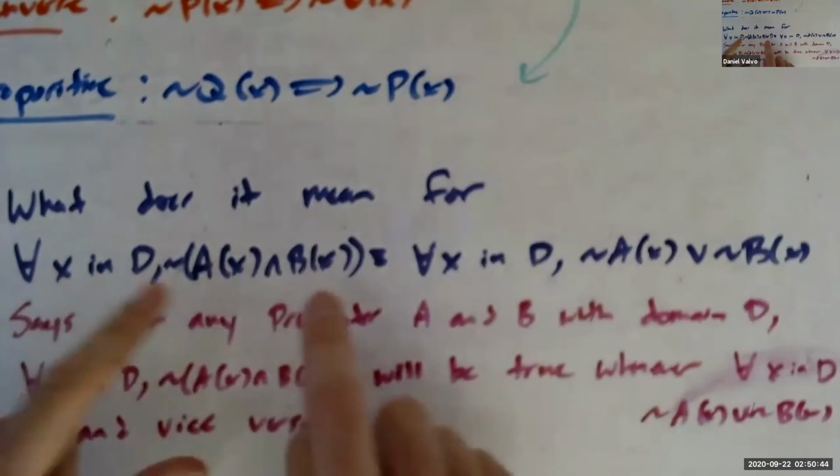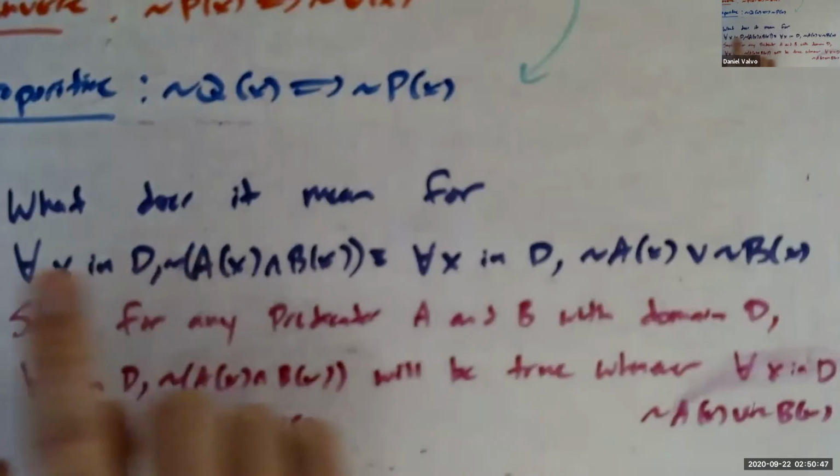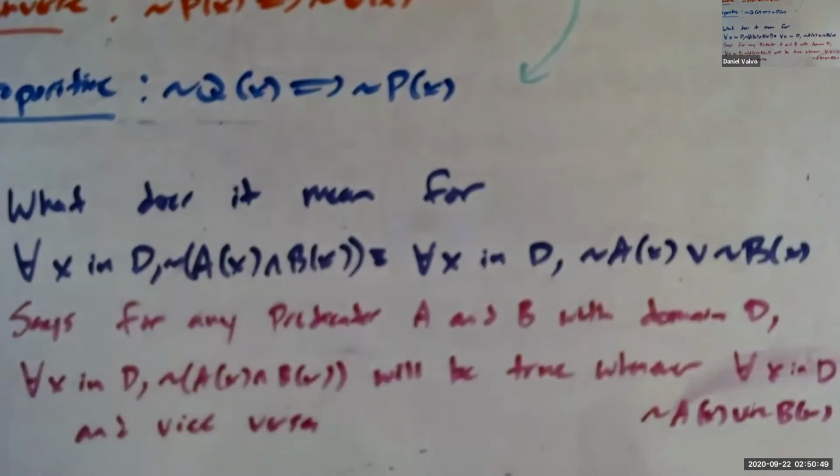It just means for all possible predicates you choose here and all possible domains, these statements will give the same truth value. They might be true, they might be false, but they'll be the same. That was very long-winded. Does that make sense? I think it's a very long-winded way of saying what I hope is obvious.